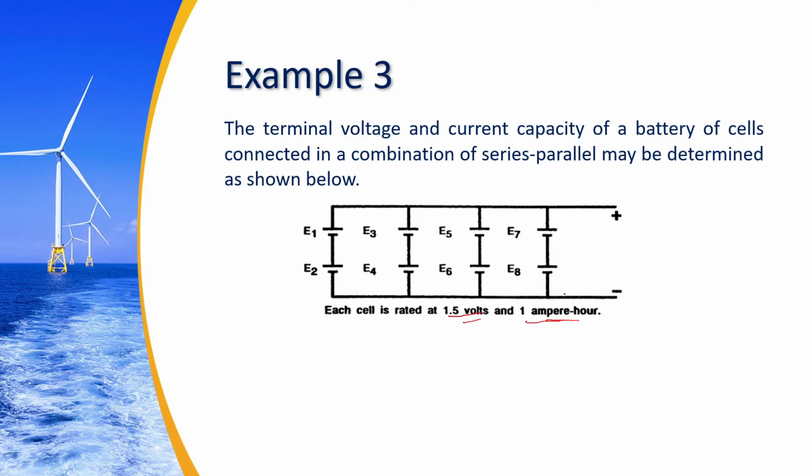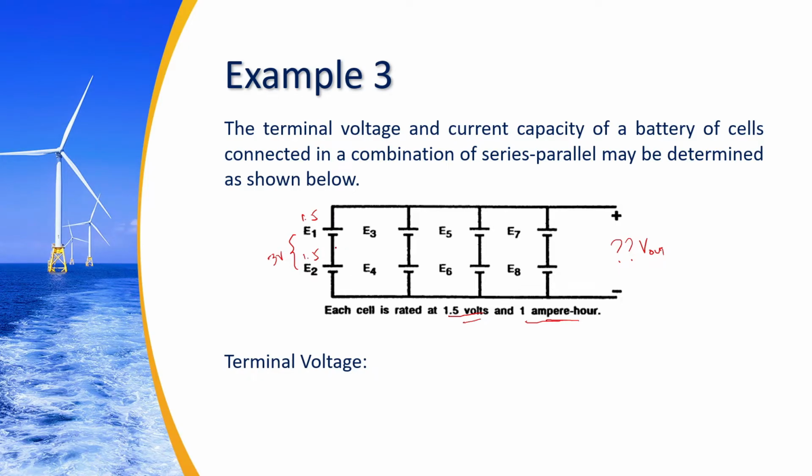Okay, so para makuha natin yung terminal voltage o yung pinaka-voltage natin dito, ano kaya yung voltage natin dyan? Sabi natin V out. So, kunin natin yung series combination na to. Kung ang E1 mo is 1.5, E2 mo is 1.5, so pag kinuha natin yung series nila, magiging 3 volts yan. Okay?